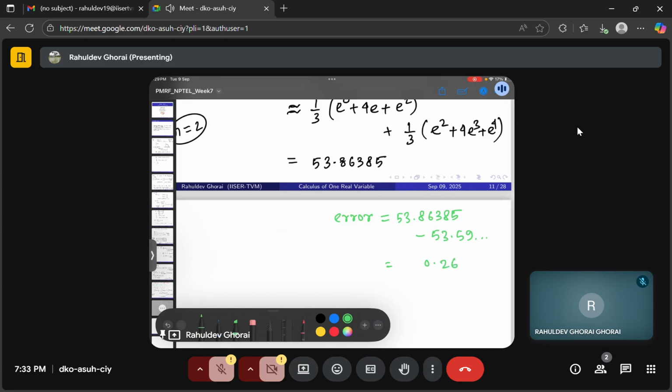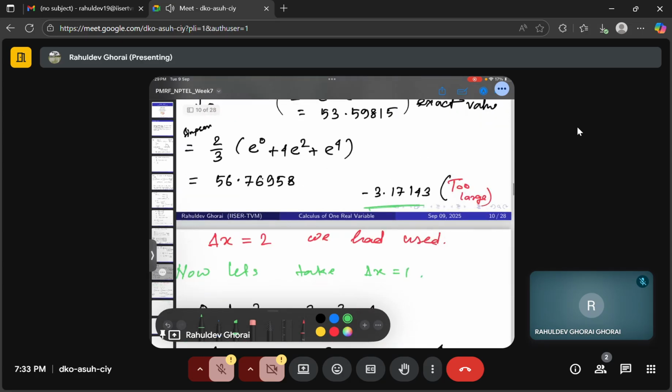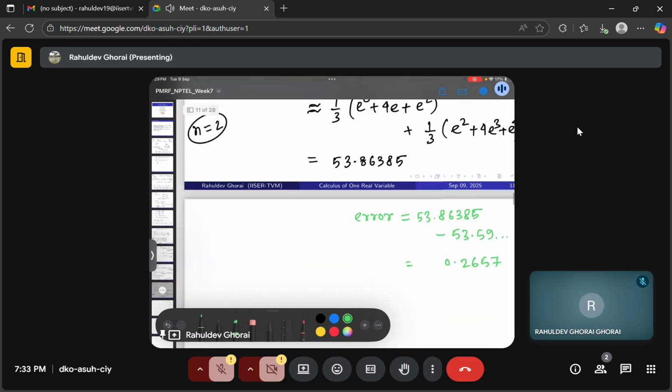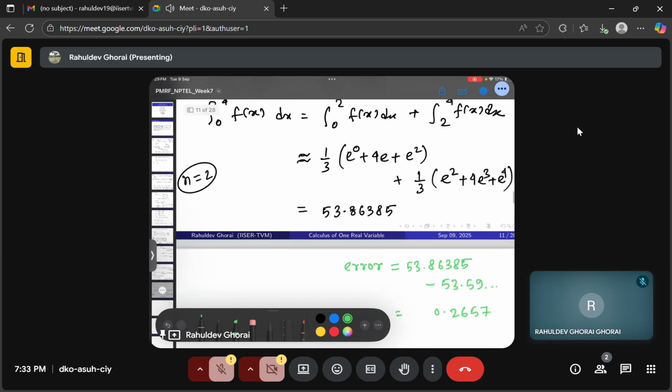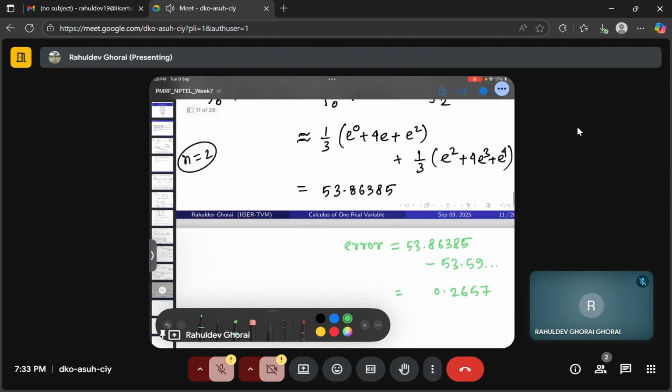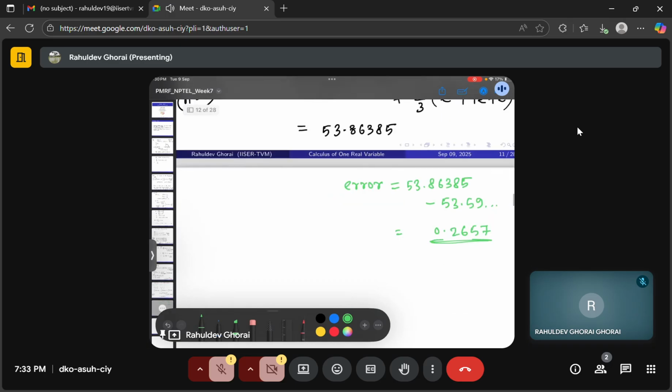If you take the absolute value, that will be 0.2657. See, our error was initially minus 3.17143. So it became now 0.26, much less, right?